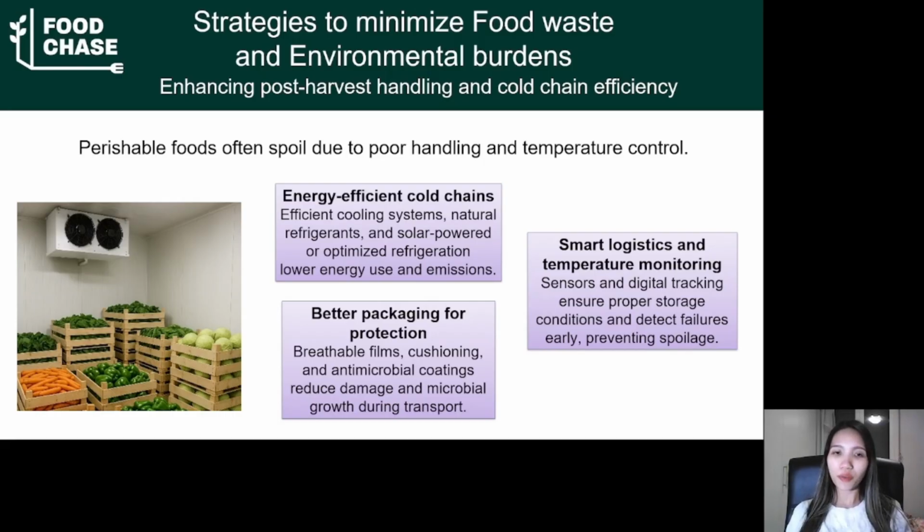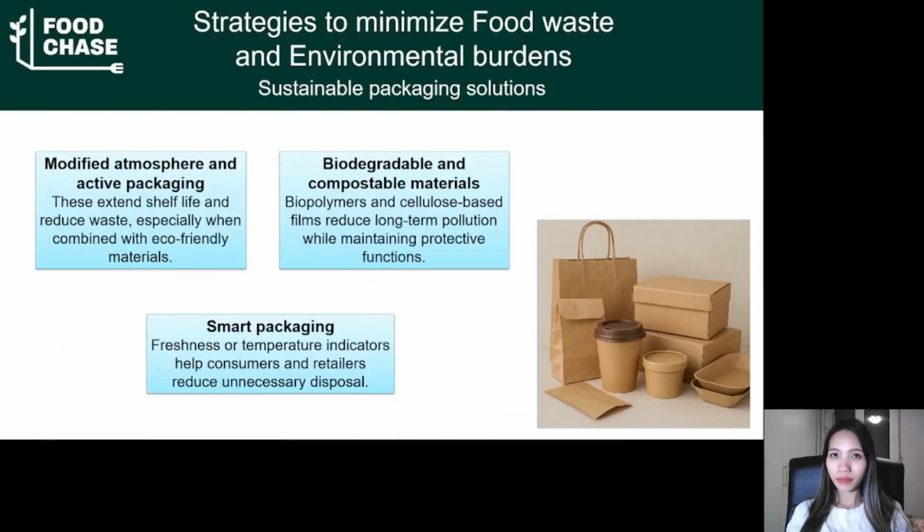Better packaging for protection, like breathable film, cushioning, and antimicrobial coating to reduce damage and microbial growth during transport. The strategy about sustainable packaging includes modified atmosphere and anti-microbial packaging.